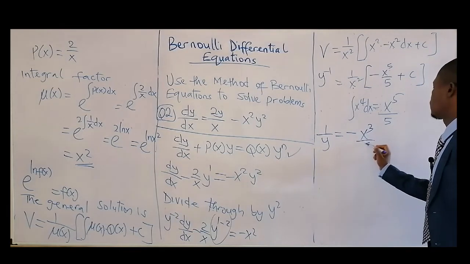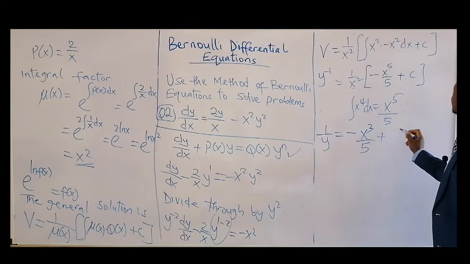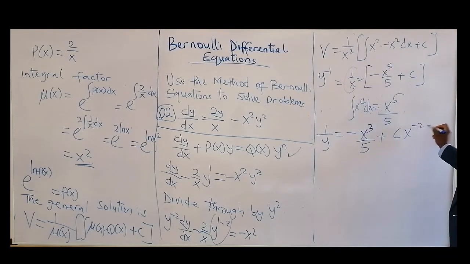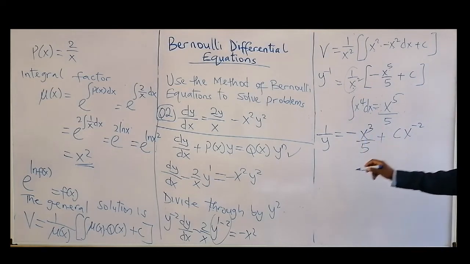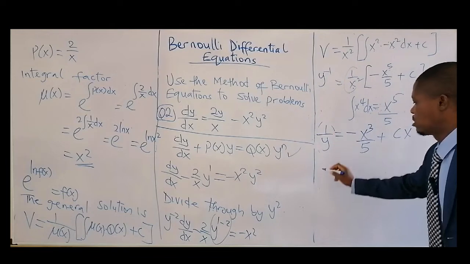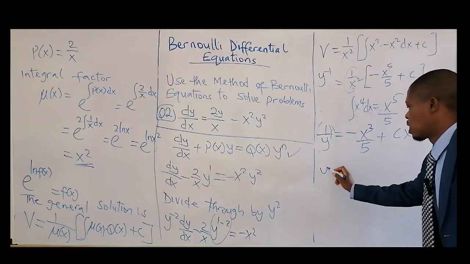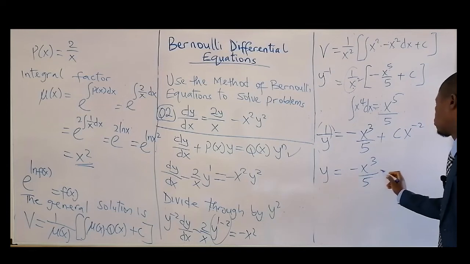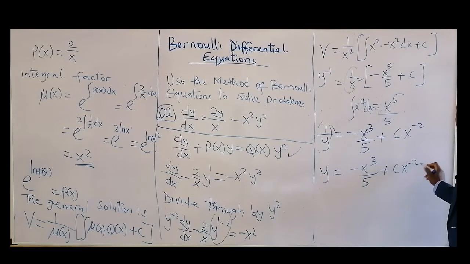That's x cubed over 5, then plus c times x to the minus 2. So that's the answer. The only thing we can do now is to take the inverse of both sides so that we can have y. If you take the inverse of this, that will be y equal to minus x cubed over 5 plus c x to the minus 2, all to the power minus 1. So that's on that question.